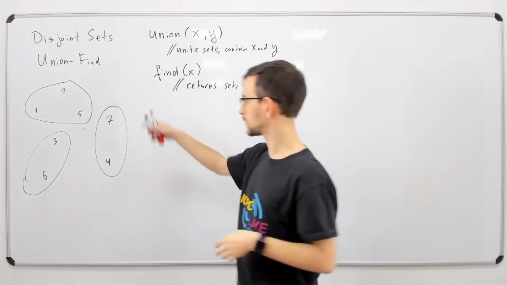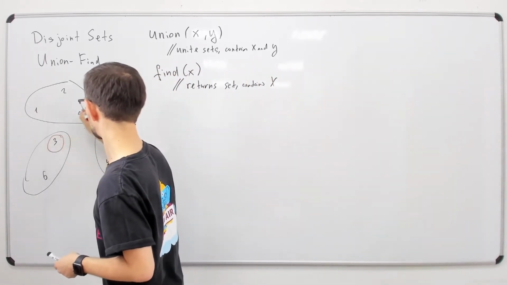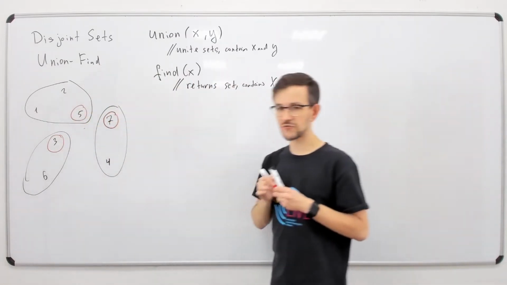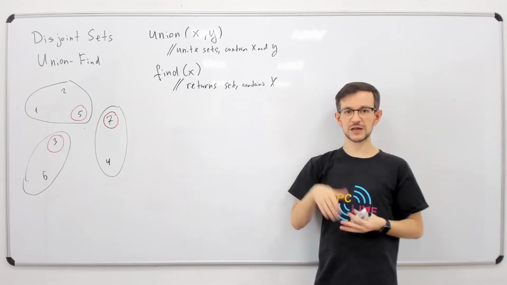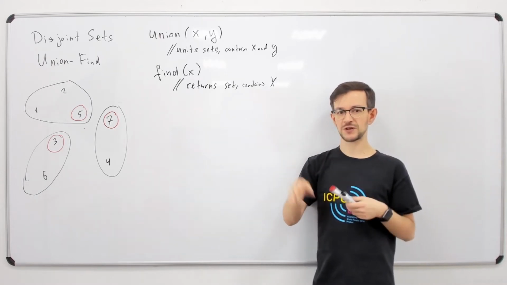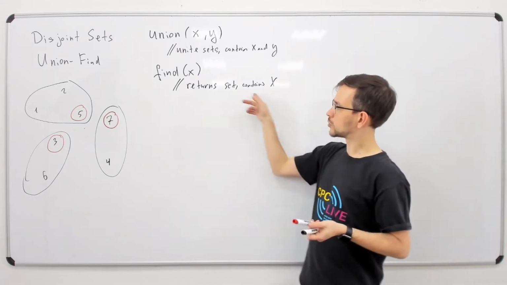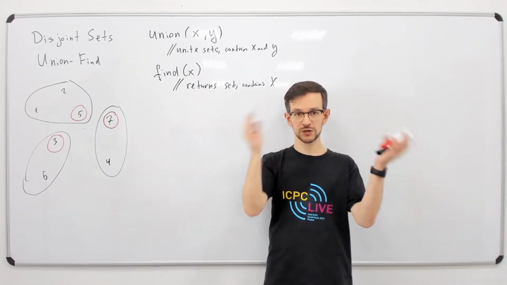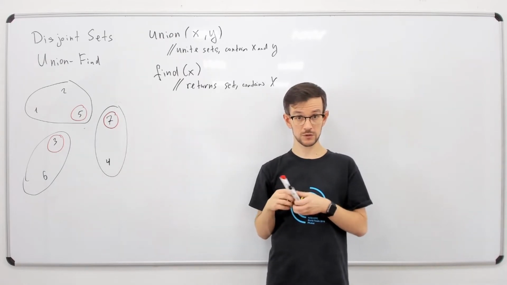Let's say this element, this element, and this element. So these three are special elements, and each set contains exactly one special element, the representative of the set. Now instead of returning the set, we will return the representative of this set.